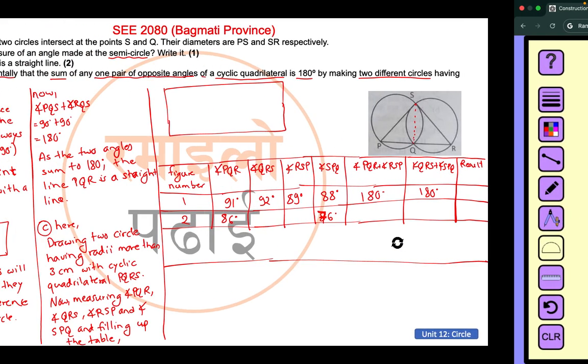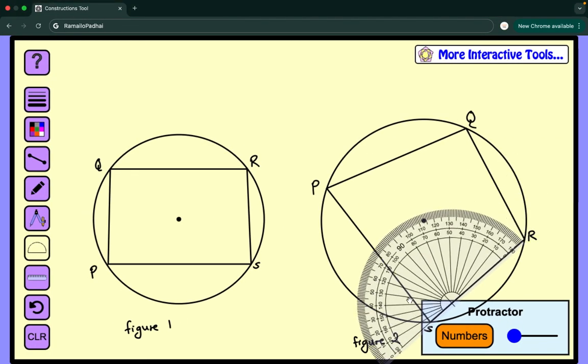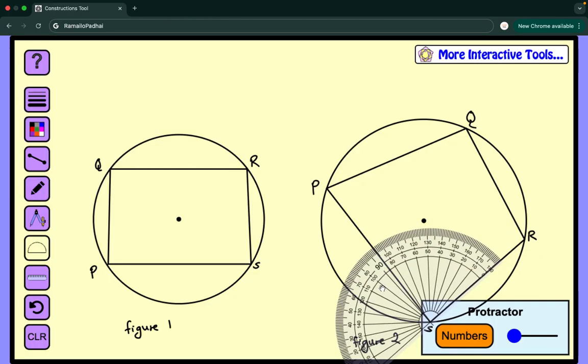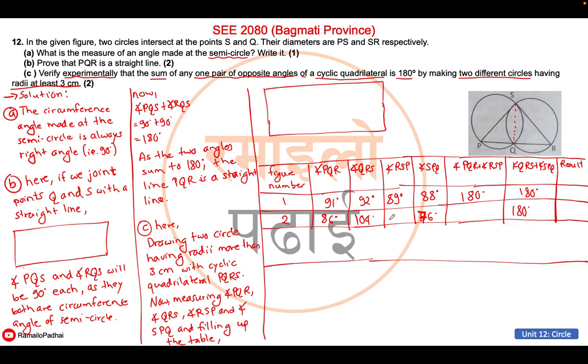Yeah, it is 104 degrees, which sums up to 180 degrees. And another angle here is 95 degrees, but what we need is 94 degrees. So 94 degrees, and that also gives us 180 degrees.